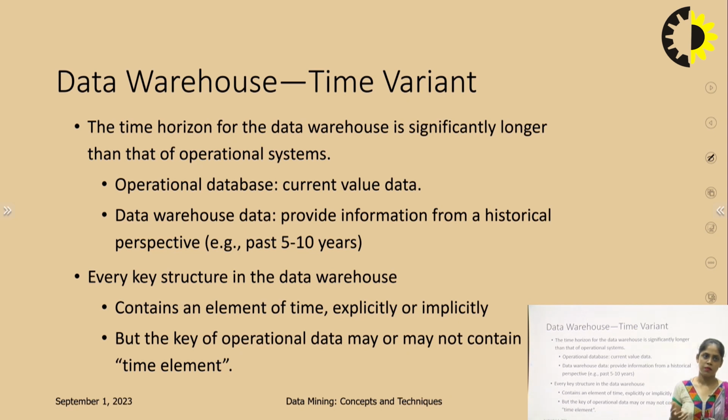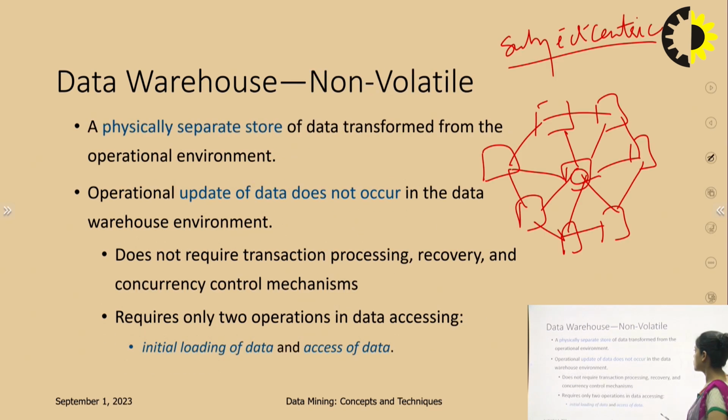That historical data may be of 5, 10, or 15 years before that we have used or stored. So we can see that time variant is very important for us, and because of that the warehouse plays a very important role. When we have stored information or data, we can use it whenever we require it for future reference.